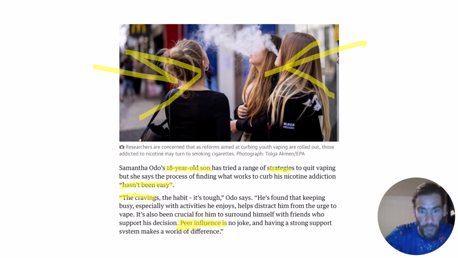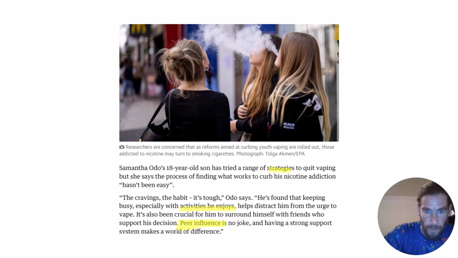The cravings, the habits, it's tough, Odo says. Yeah, keeping busy, activities and joys help distract him from the urge, the need to vape. But, and here comes the core thing, it has also been crucial for him to surround himself with friends who support his decision. Peer influence, peer pressure is no joke.